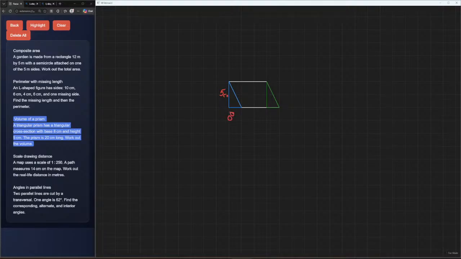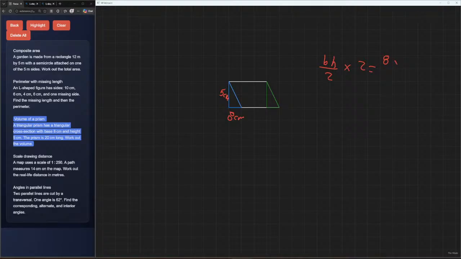At the base, centimeter. I know it's base times the height divided by 2, and then maybe times by 20 meters long. But maybe I need to do it by 2. Okay, let's try to do this.